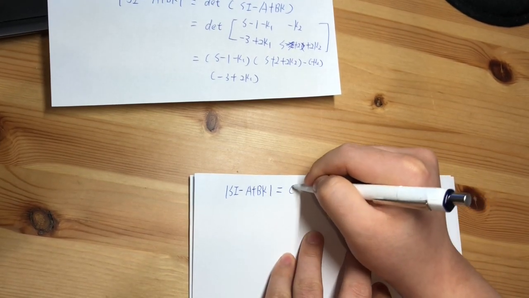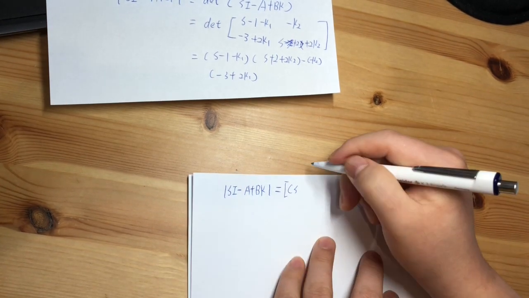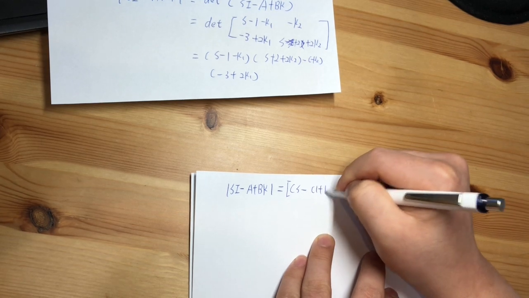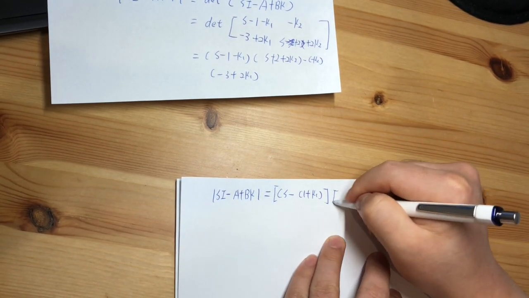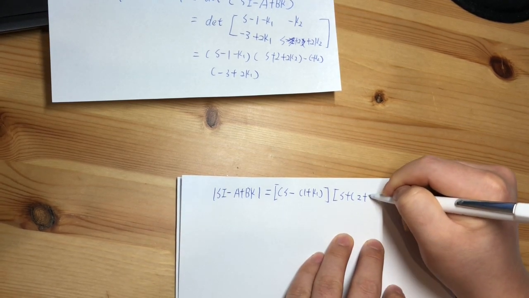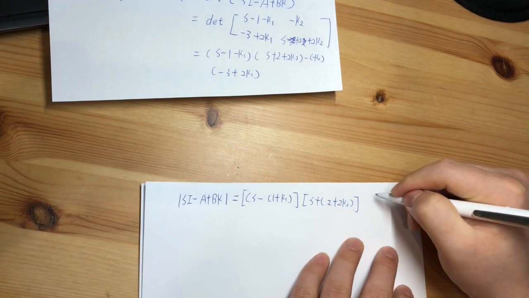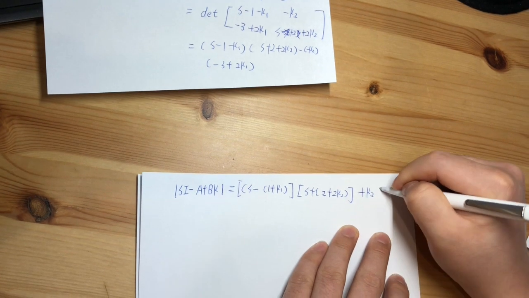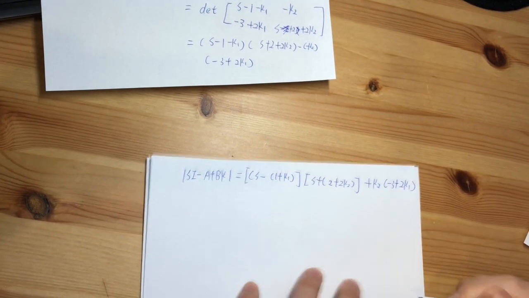We write it as a second order equation: (s minus 1 plus k1) times (s plus 2 plus 2k2) plus k2 times (minus 3 plus 2k1).